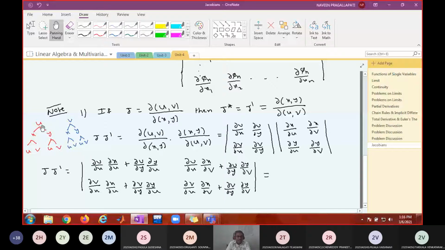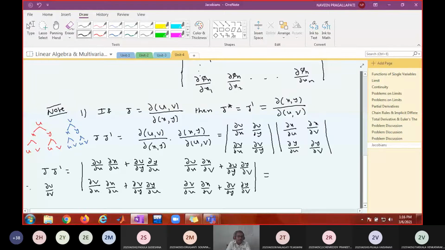Now, what partial derivatives can you write from this? u to u and u to v. That means ∂u/∂u and ∂u/∂v. Am I right? Yes.